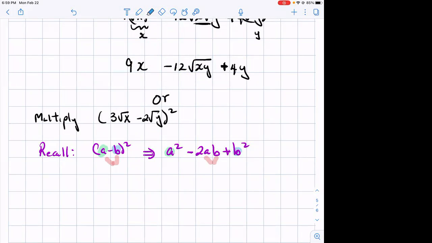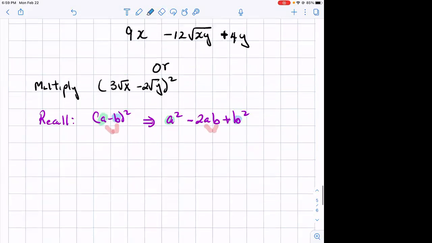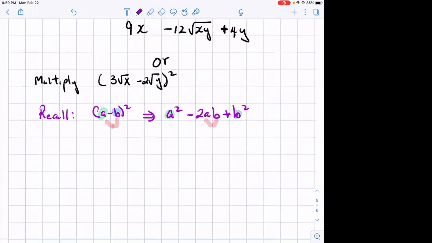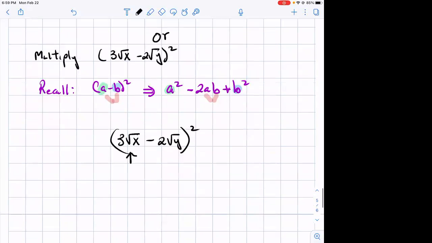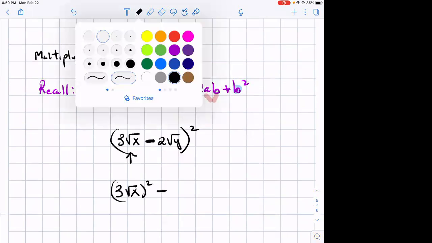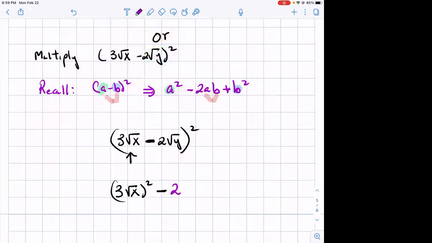Okay, so the first term in this polynomial here, the one with the radical, 3 root x minus 2 root y quantity squared, this is my first term. So we take 3 root x and we square it. And then minus, since this is a minus, 2, always 2.